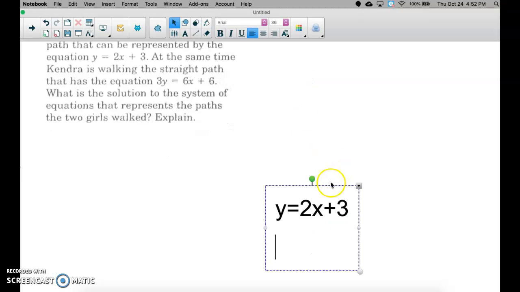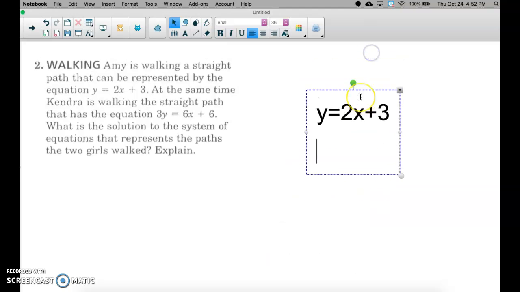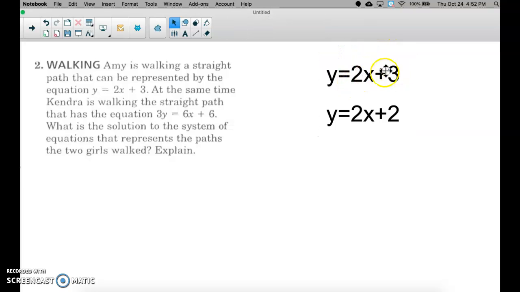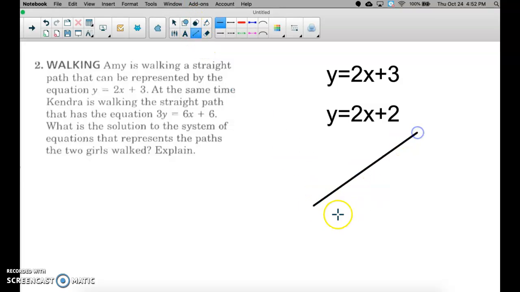Nothing changed there. But then in the second one, if we divide all the terms by 3, we get y equals 2x plus 2. And if we were to graph these, what you would see is that this one goes through the y-axis at 3, this one goes through at 2. But these two lines on a graph are going to be parallel.